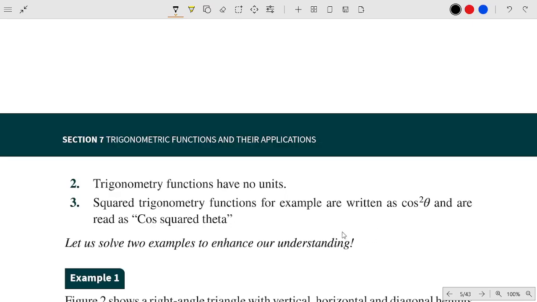The square of trigonometric functions, for example, is read as cos squared theta. If any letter represents the angle, say alpha, we say cos squared alpha, and that is that.